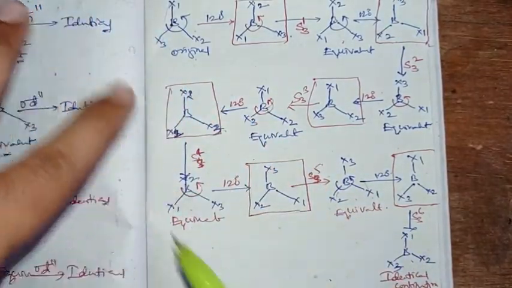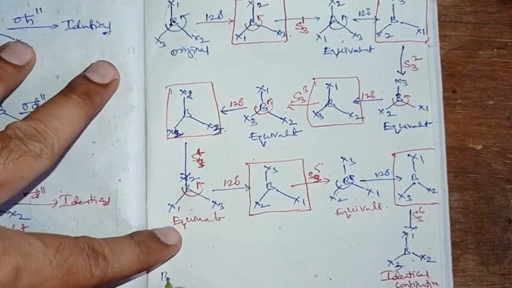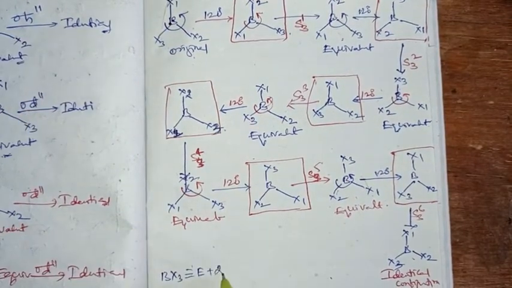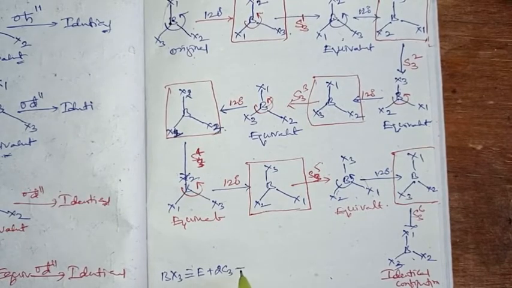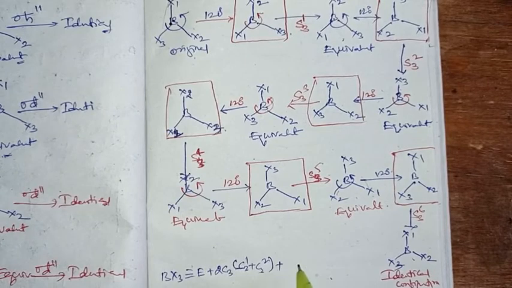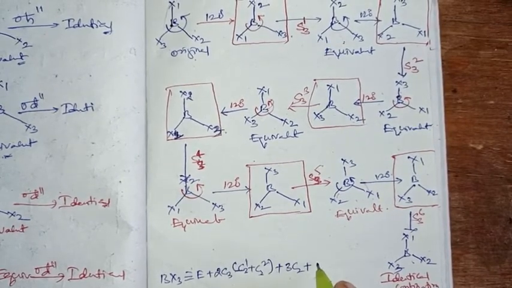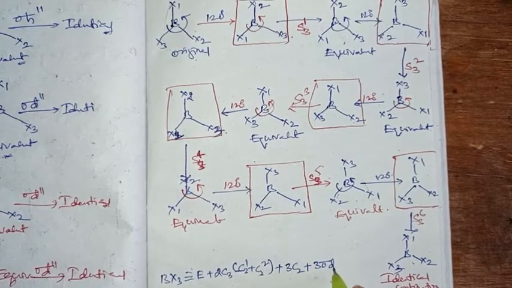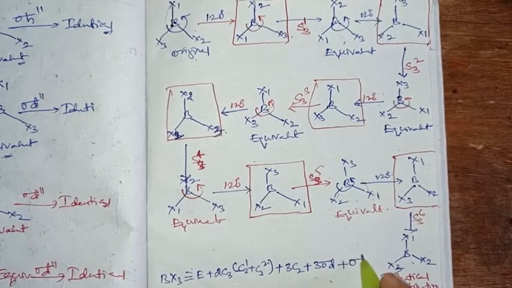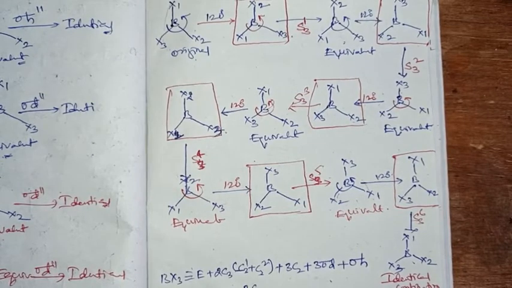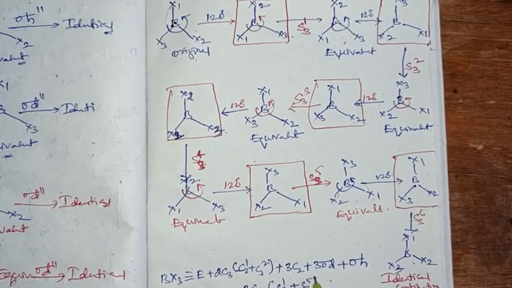So altogether, these are the elements possible in the BX3 molecule, where it has E plus 2 C3s, which are C31 plus C32, and it has 3 C2s, plus 3 sigma Ds, plus sigma H, plus 2 S3s, that is S31 plus S35.